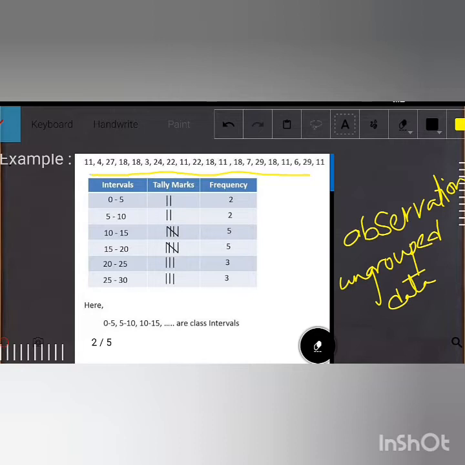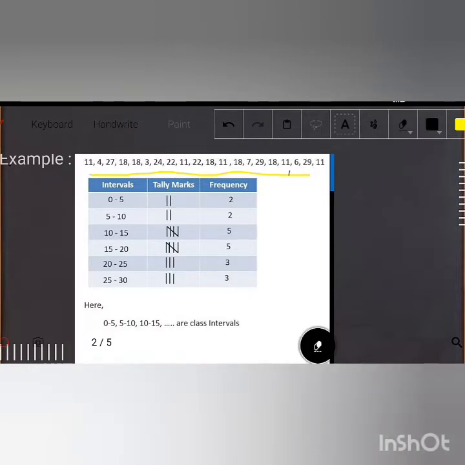The numbers between 0 and 5 are taken in one group. The numbers between 5 and 10 are taken in another group. The same way 10 to 15 were taken in another group, 15 to 20 are also taken in another group. Similarly 20 to 25, 25 to 30. So we call this data grouped data.